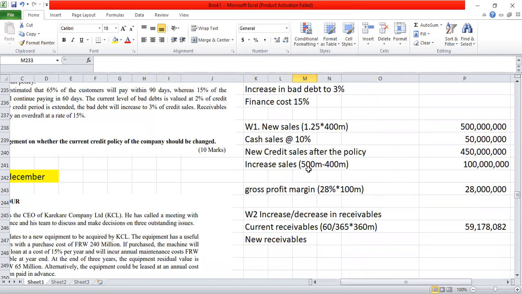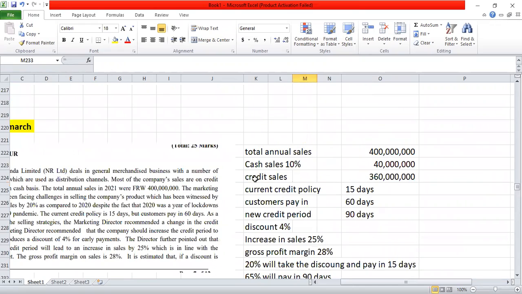Please check well: this is the credit sales, and this is your cash sales. Credit sales is 360 million.